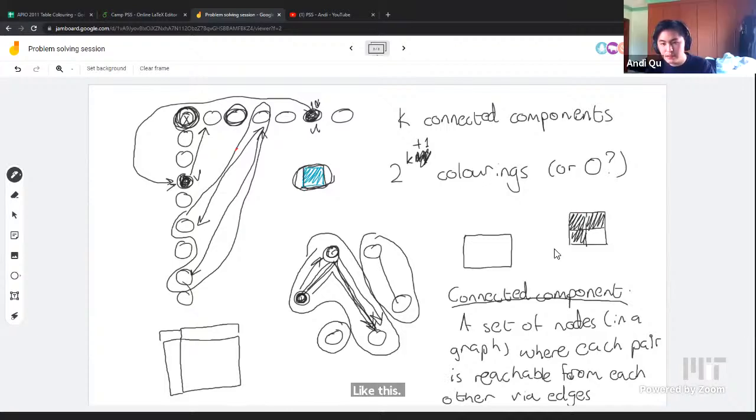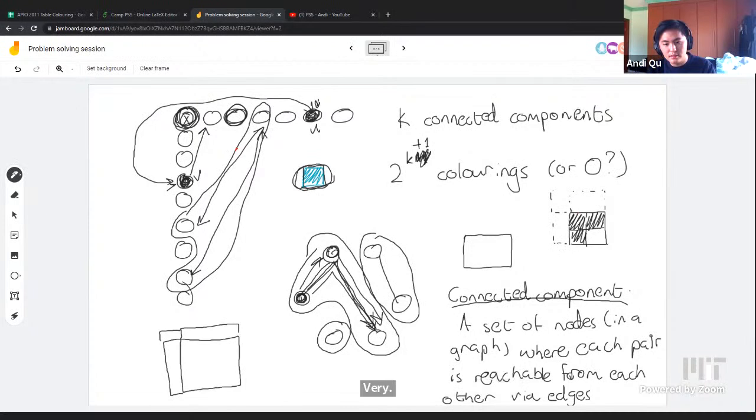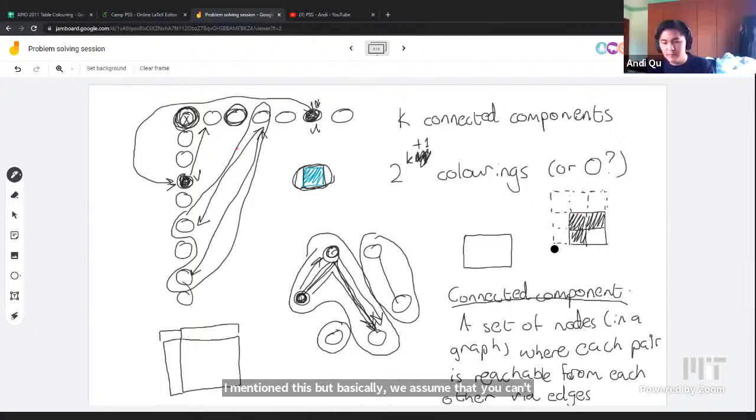Well, if this happens, then basically we assume that you can't color in the first row and the first column, because you can add an imaginary row like this. I didn't mention this, but basically we assume that you can't color in the first row or the first column.